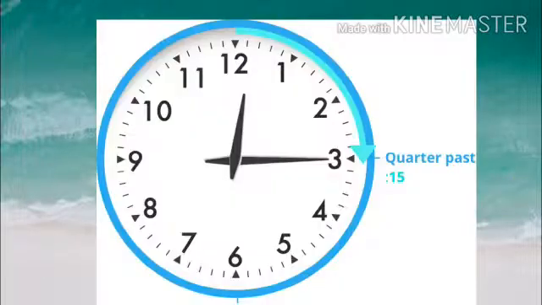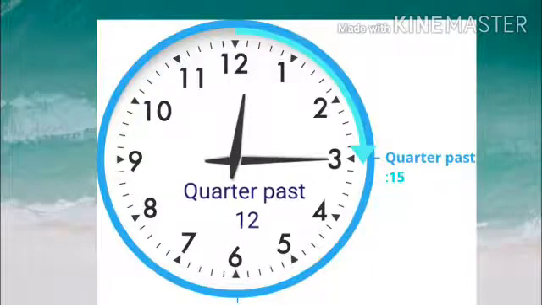When the minute hand is at 3, we can say it as quarter past or 15 minutes past. So, in the given clock, the timing is quarter past 12.